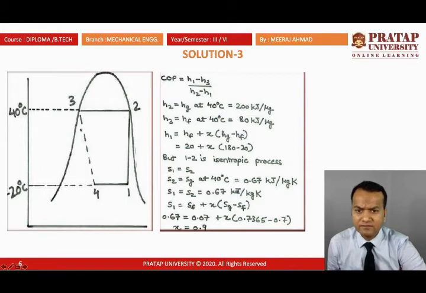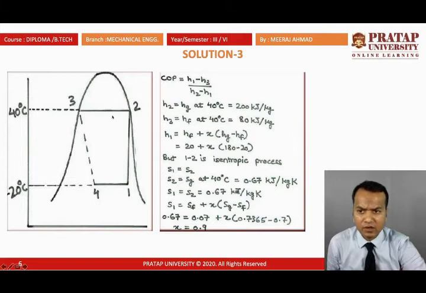So, this is the TS diagram. How can you find the value of H1? Because in the table this value is given, this value is also given, and you can find H4 also, because H3 is equal to H4. Okay. Now, the COP formula is H1 minus H3 over H2 minus H1.